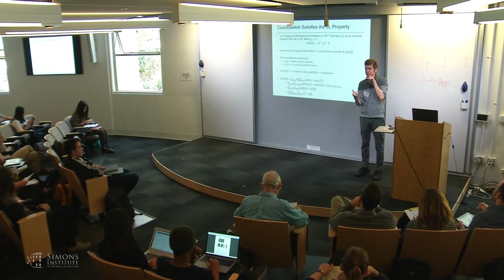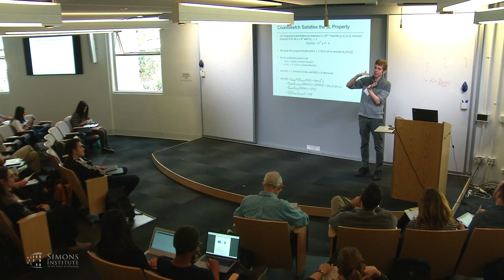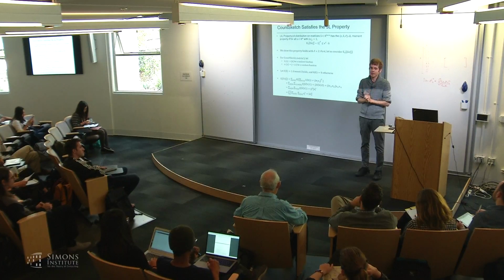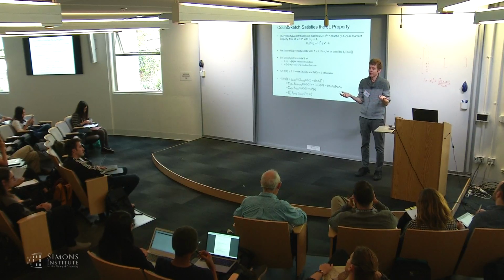The problem is if two of these rows collide into the same bucket, then I only have d-1 non-zero rows in my image S times A.